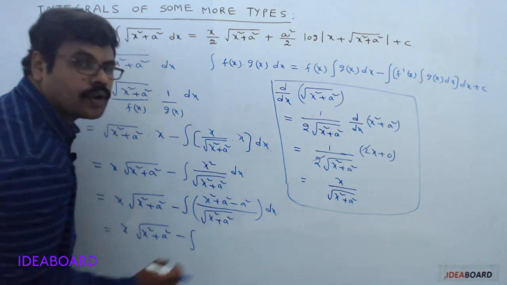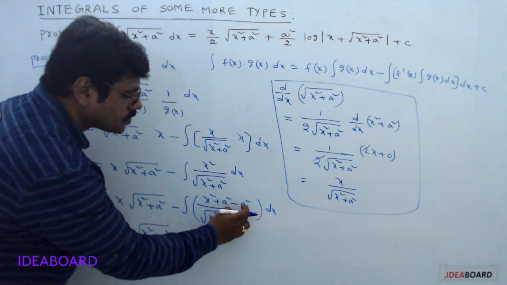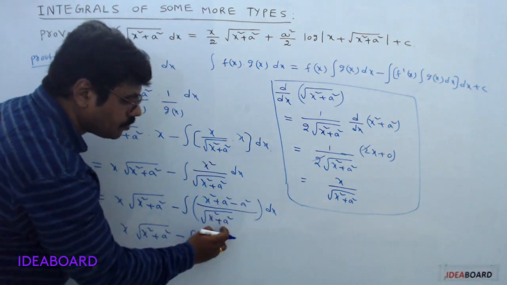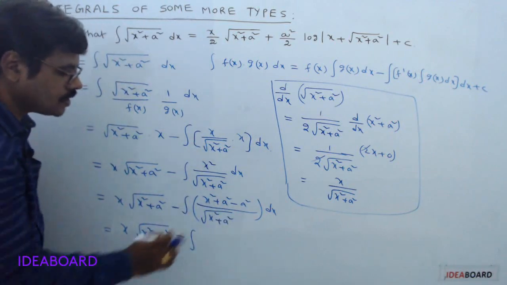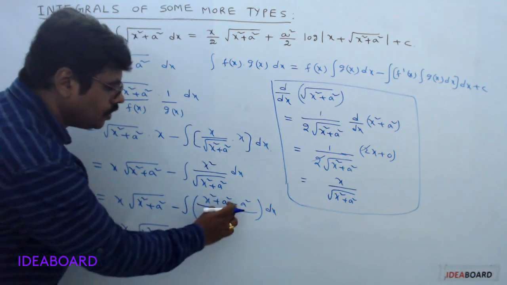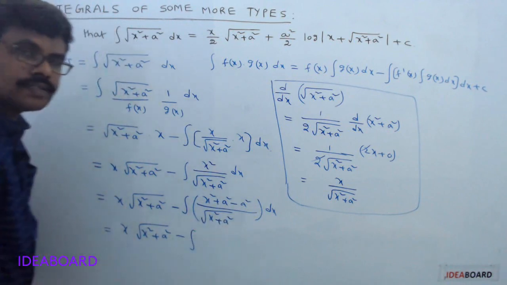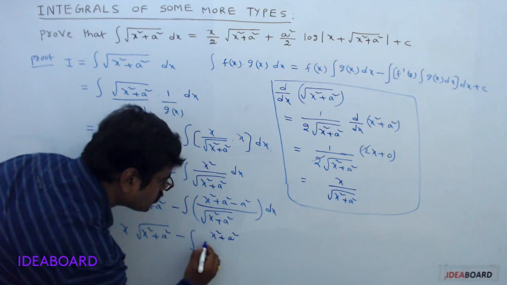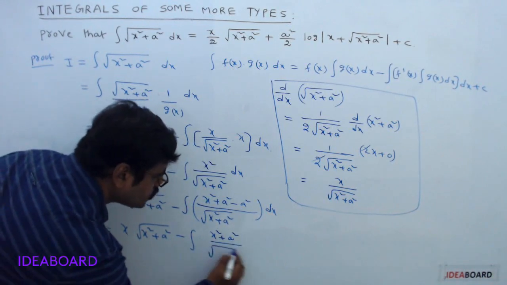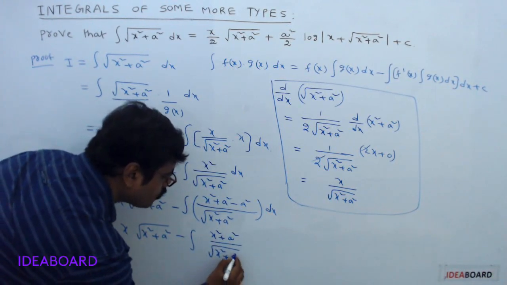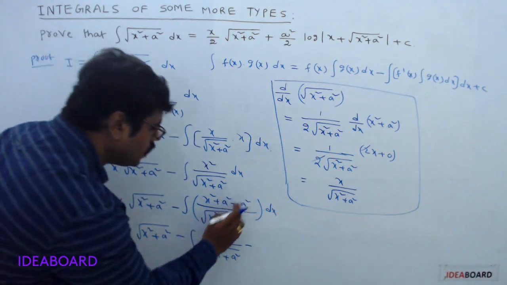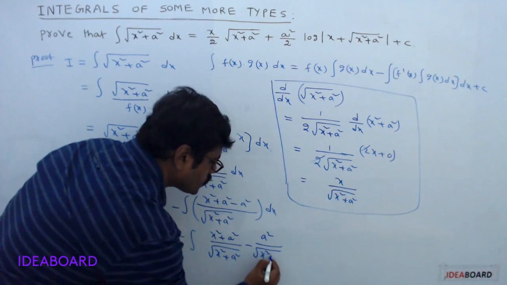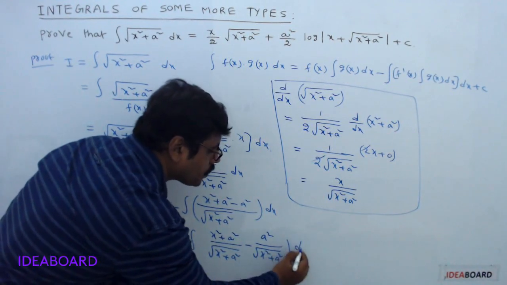Now this expression is of the form (a minus b) divided by c. It can be expressed as a divided by c minus b divided by c. So it can be written as x square plus a square divided by square root of x square plus a square, minus a square divided by square root of x square plus a square, dx.